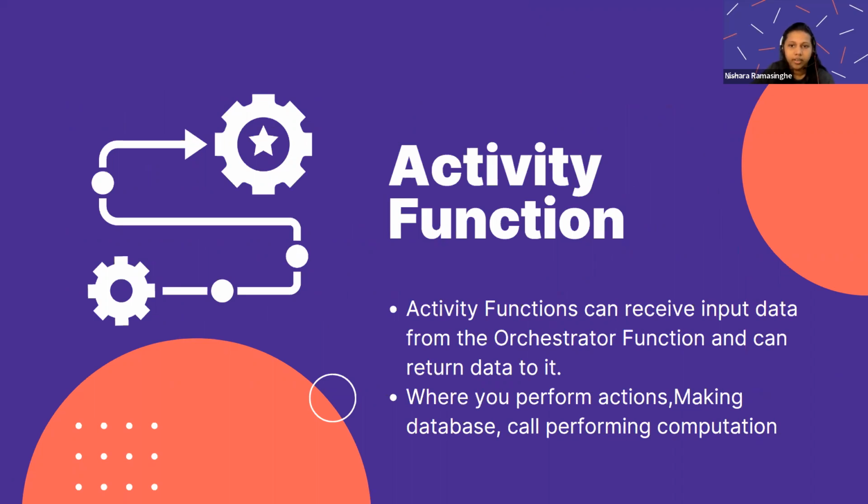Inside the activity functions, we can receive input data from the orchestrator function, and we can return data to the orchestrator function. So in our business scenarios, for example, we can code our business logic inside these activity functions, and call them inside the orchestrator functions.